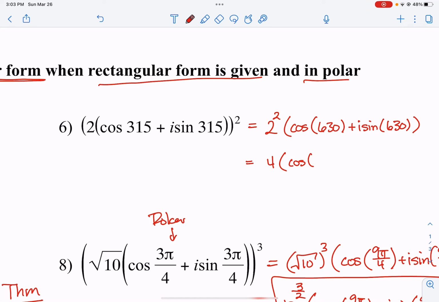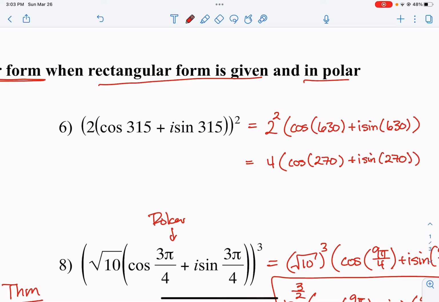If our angle goes above 360, we just subtract 360 from it. So if we subtract 360 from there, we get 270, I believe. 270 plus 360 gives you 630, yeah. So sine of 270.